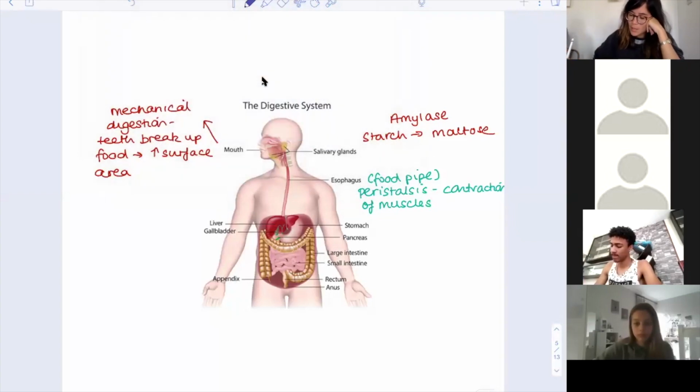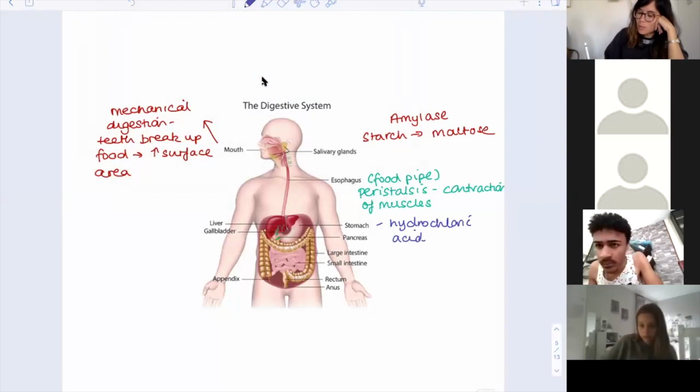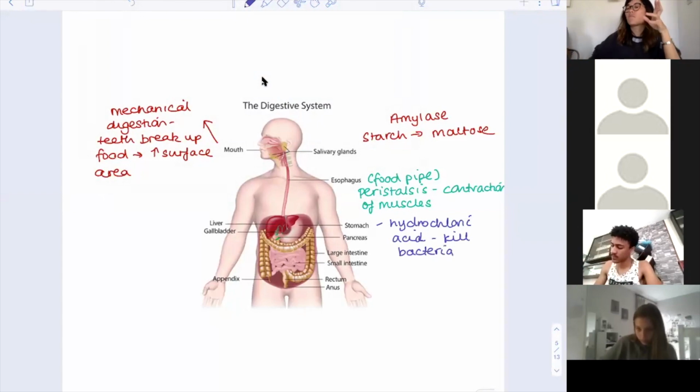Okay, next up in the stomach, which is this sac. And obviously the stomach is full of an acid. This is hydrochloric acid. Now that hydrochloric acid helps to break down the food further, but really its primary role is to kill bacteria. And that's going to stop us getting sick if we eat some food that has bacteria on it.